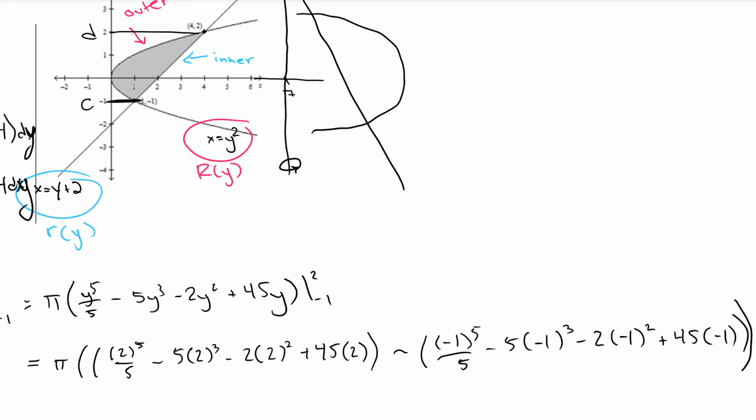All right. 2 to the 5th is 32. 32 fifths. 2 cubed is 8 times 5 is 40. 2 squared is 4 times that is negative 8. 45 times 2 is 90.